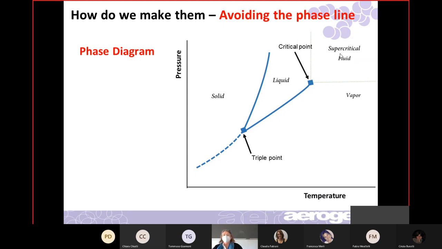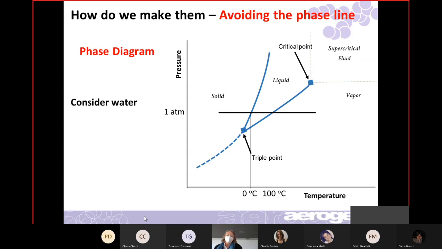And so things like triple point, you probably have the same word in Italian. I don't know, triple point, right? Is where a substance exists as a solid, liquid, and vapor, or all three phases can exist. And then the critical point, above which you have the supercritical fluid. And so my example is water, although there's a fallacy in my drawing here because water expands on freezing, so this line goes the other way, but ignore that.